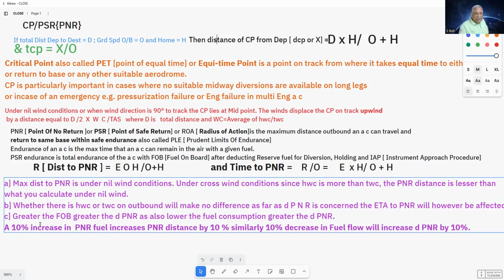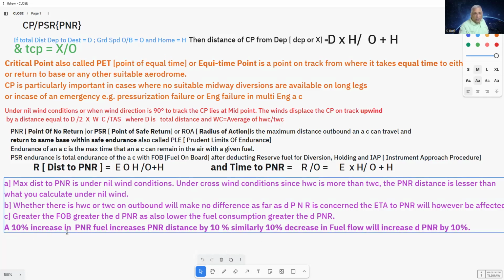It's primarily a fuel-based problem. Greater the fuel available for use, greater will be your DPNR, and lesser the fuel consumption, greater will be your distance to PNR.